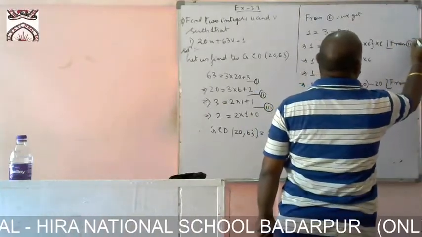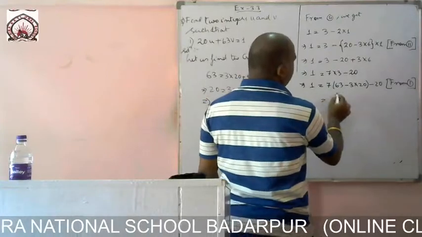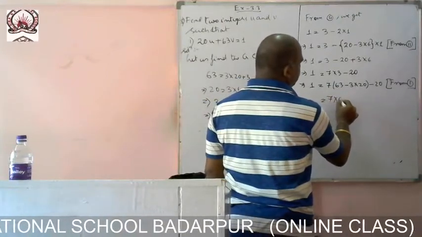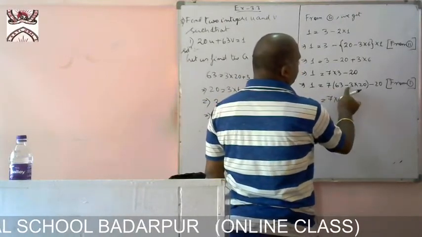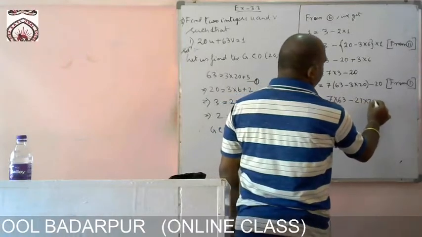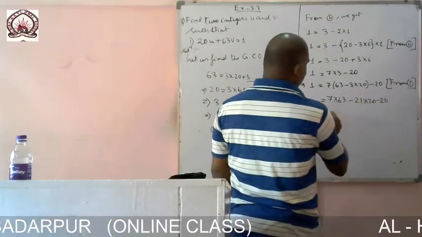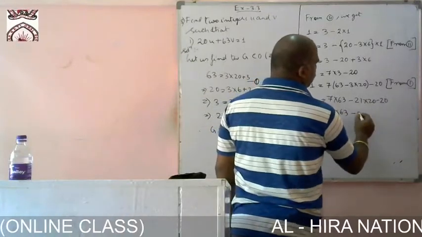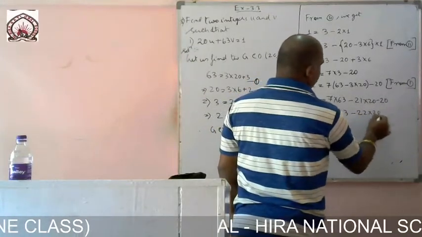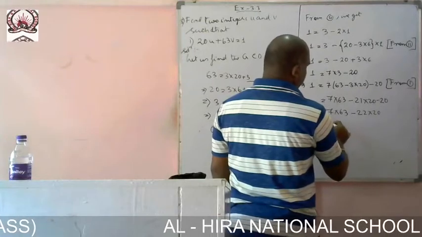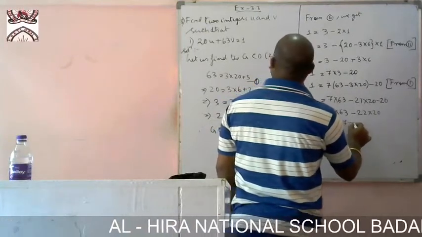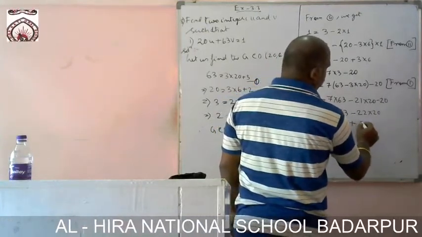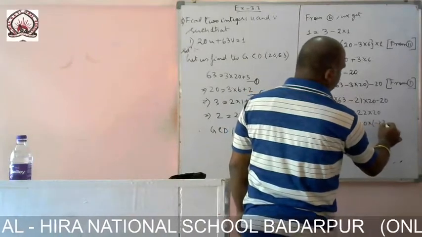Now, 7 into 63 minus 7 into 3 is 21 into 20, minus 20. So 1 equal to 7 into 63 minus 22 into 20, that is 63 into 7 plus 20 into minus 22.